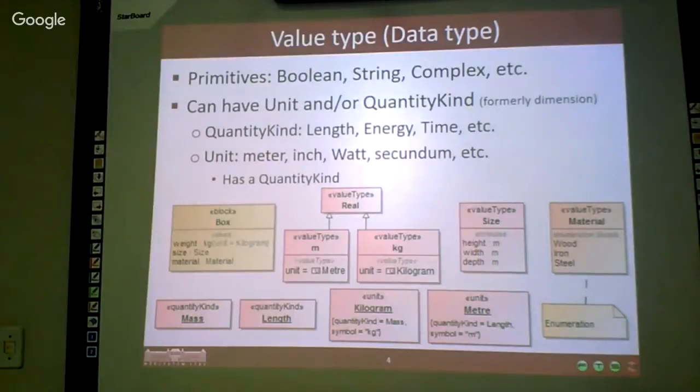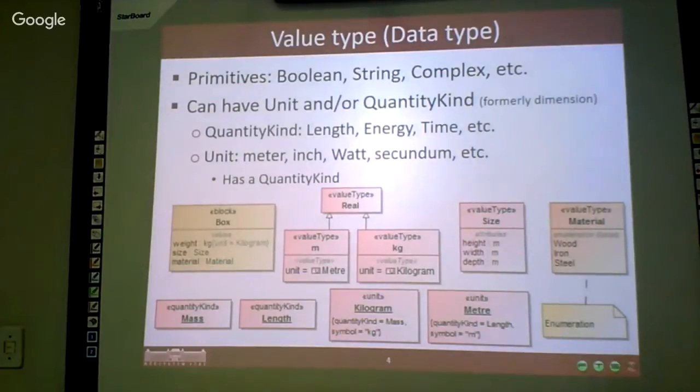And for example, a quantity kind can be a length, energy, time, and the unit that you use to define these quantities, for example, meter, inch, watt, second, etc. So it has a quantity kind, and this way you can define physical parameters.